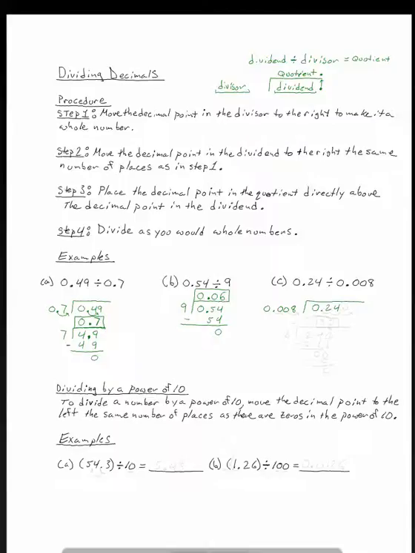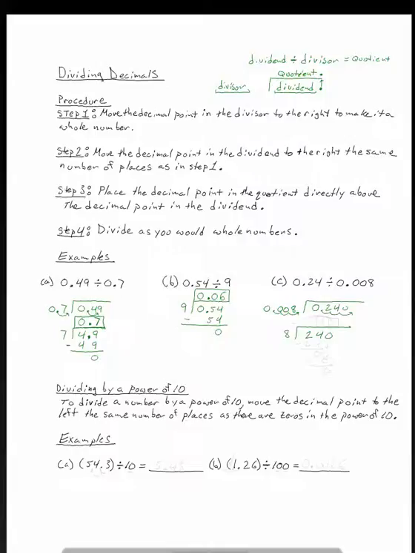So I need to get rid of the decimal in the divisor, which means I'm going to have to move it 1, 2, 3 places to the right. So I move the decimal in the dividend 1, 2, 3 places to the right. I have an empty place at the end, so I have to add a 0. That's going to give me an 8 on the outside, and it's going to leave me with 240 on the inside.